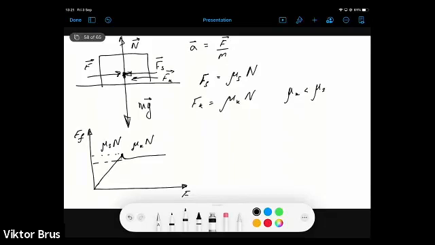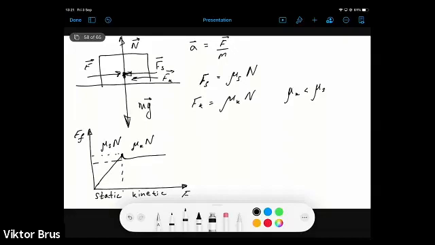So we can divide these into two regions. It will be static and kinetic. Okay.